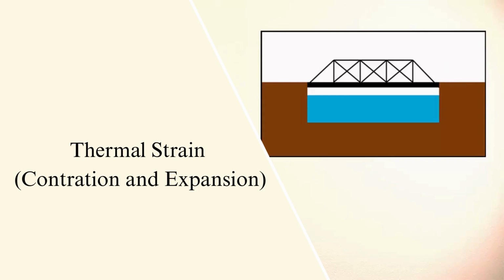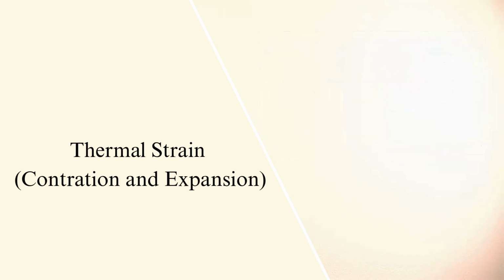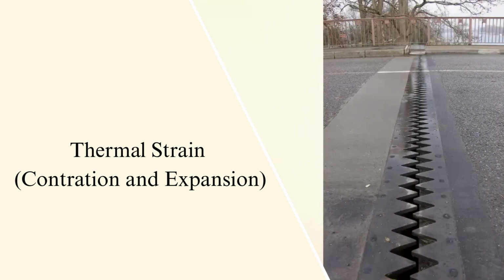Therefore, the bridge is not free to expand or contract, and internal mechanical loads will have to develop to prevent the expansion in the summer and to prevent the contraction in the winter. And these mechanical loads might ultimately lead to failure. As a result, you can actually look at real bridge structures and see thermal expansion joints that permit some level of expansion and contraction to minimize these thermally induced mechanical loads.